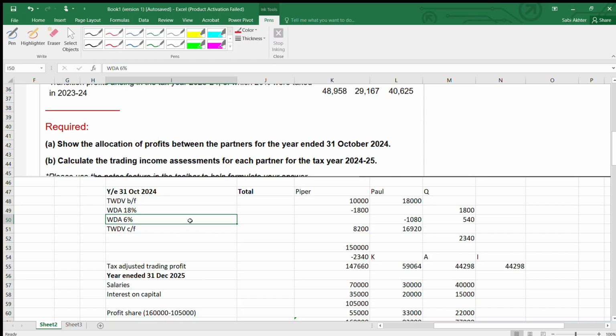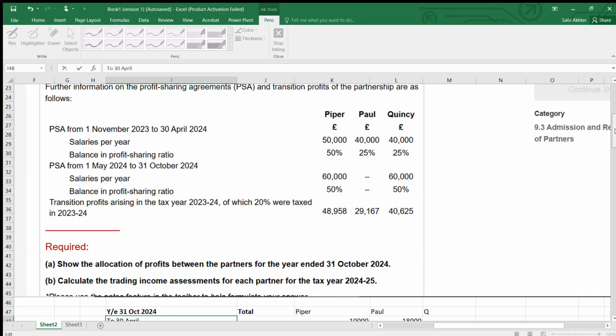So if you are taking from April to 30th April, just see.